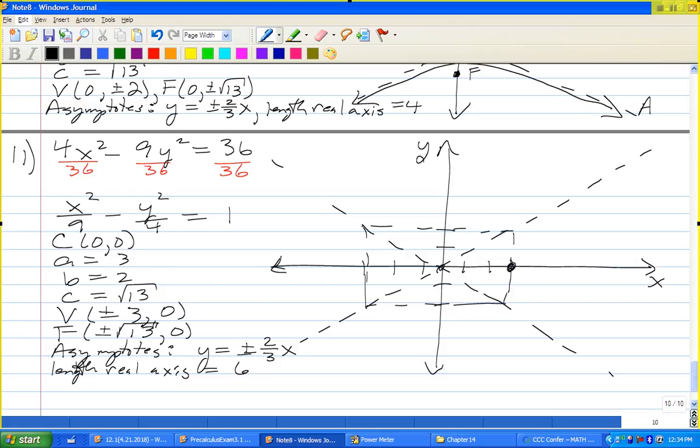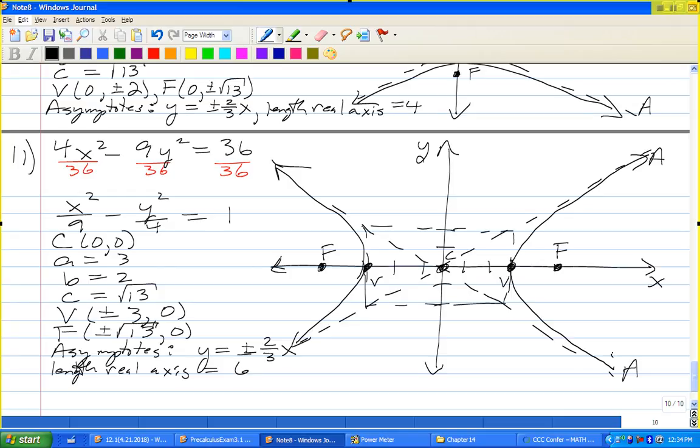Here are my vertices, center, vertex, about here. Here's my foci. So foci, vertices, center, asymptotes. And so it should look something like this. And that is my hyperbola.